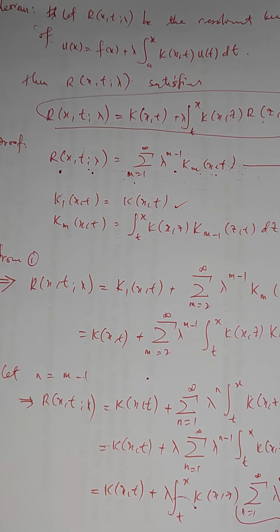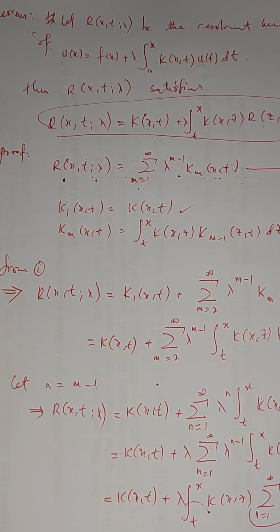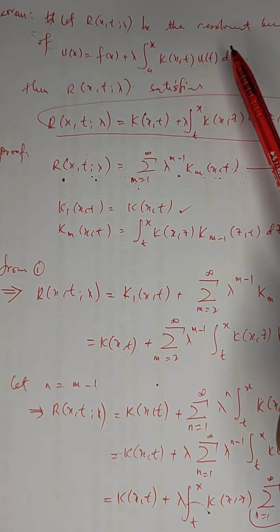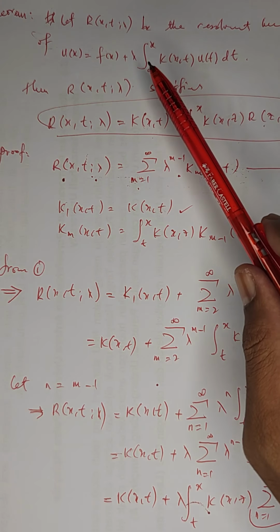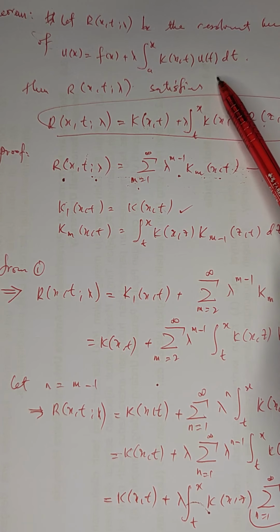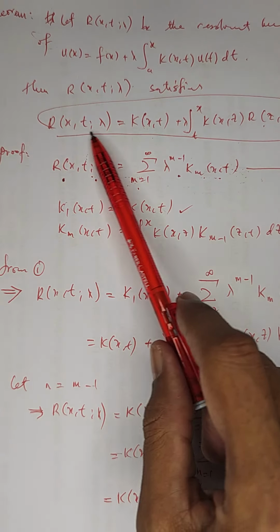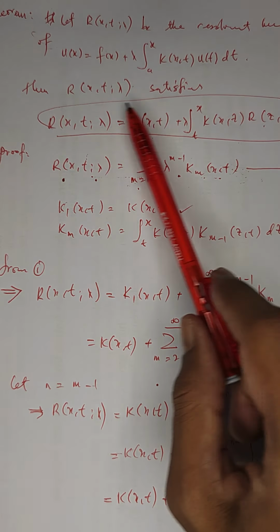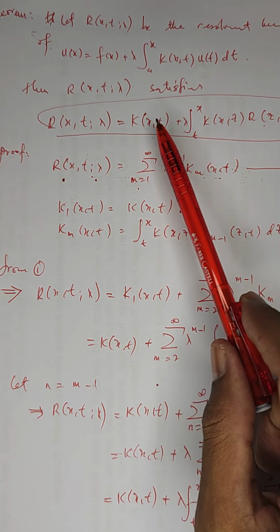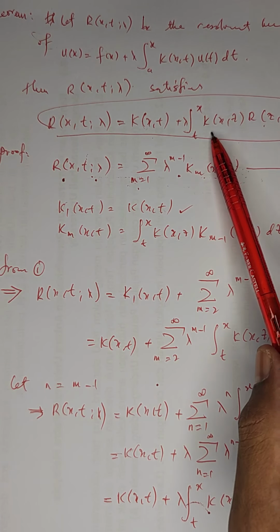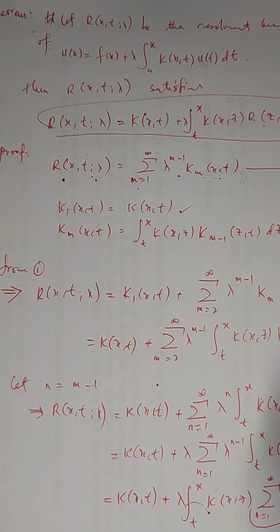That's the proof of the theorem that the resolvent kernel of the non-homogeneous Volterra integral equation can be written as R(x,t;lambda) = K(x,t) + lambda times the integral from t to x of K(x,z) R(z,t;lambda) dz.